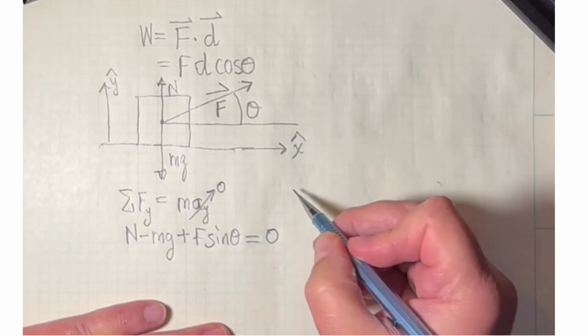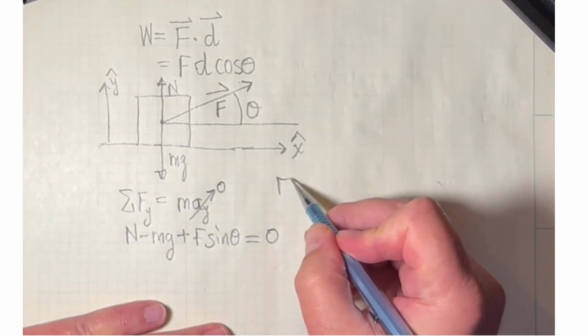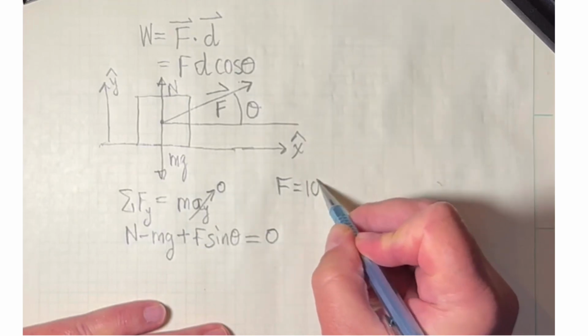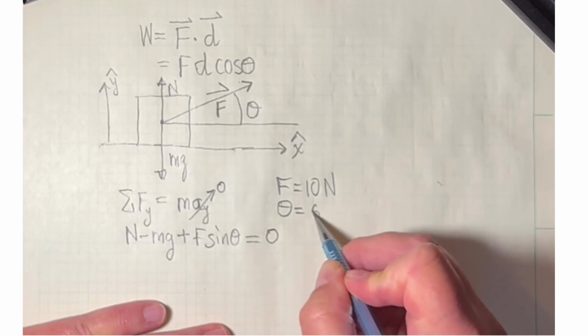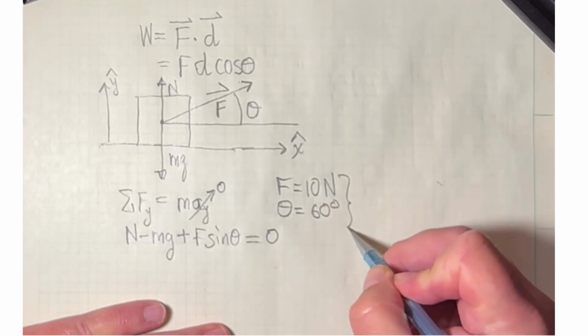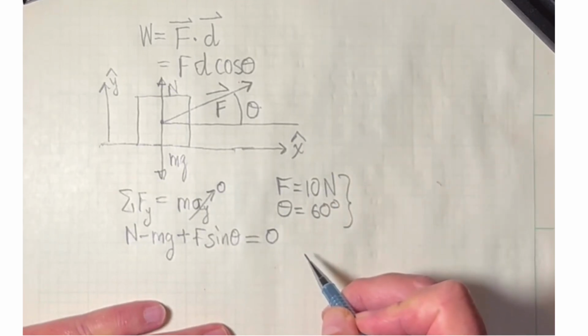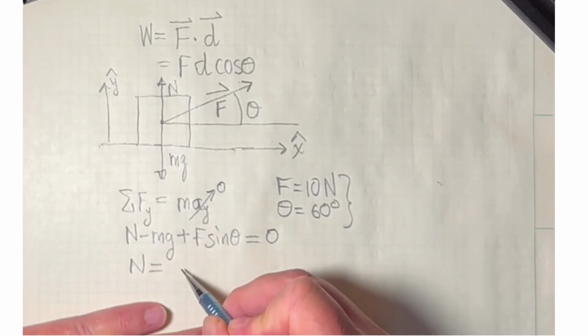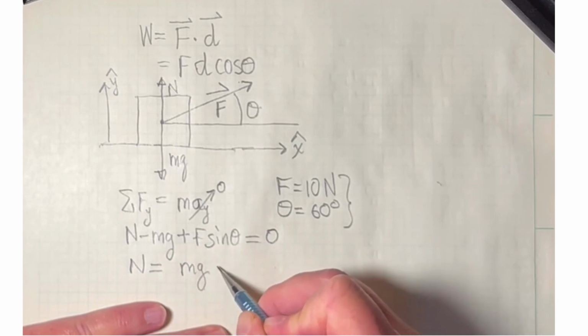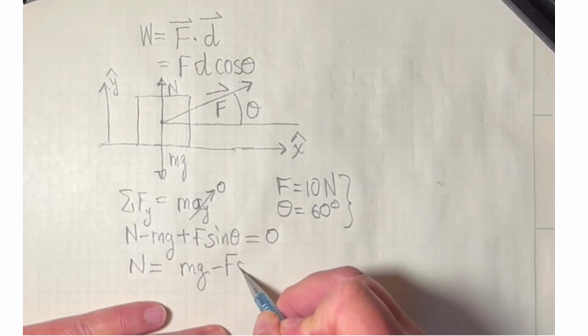So let's let the force be equal to 10 newtons. Let's let theta be equal to 60 degrees. What does that tell us? Well, it does tell us the normal force. The normal force is equal to mg minus F sine theta.